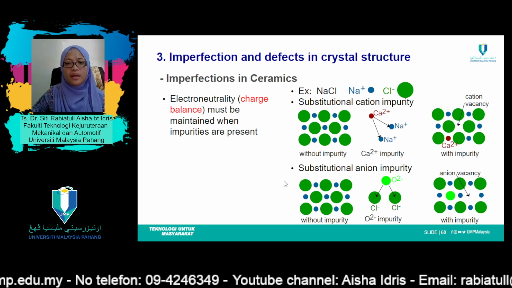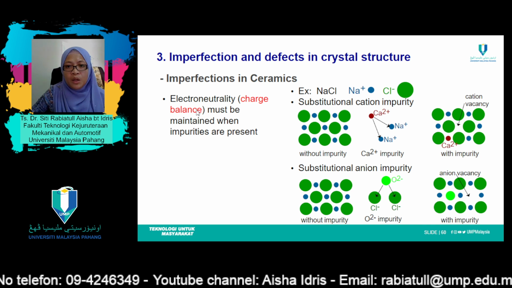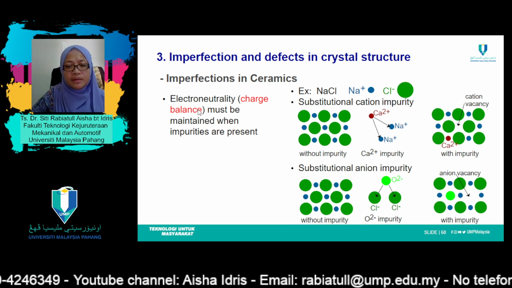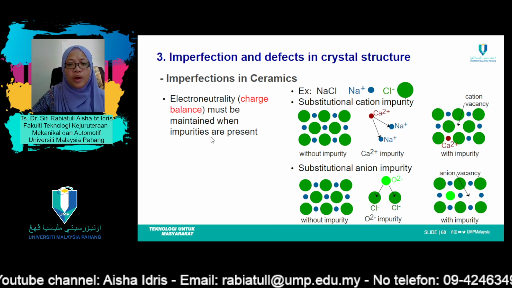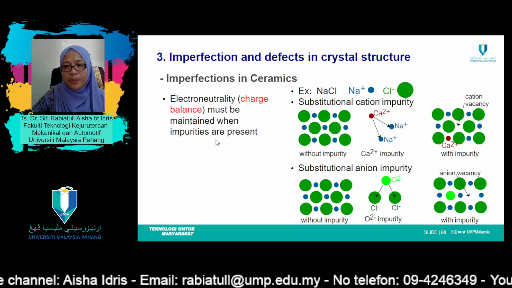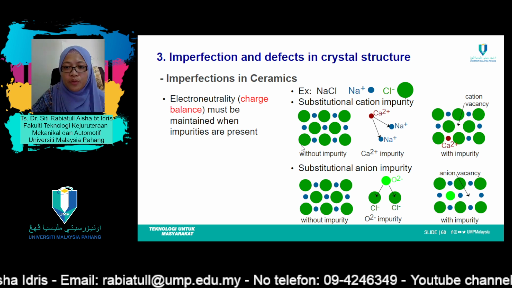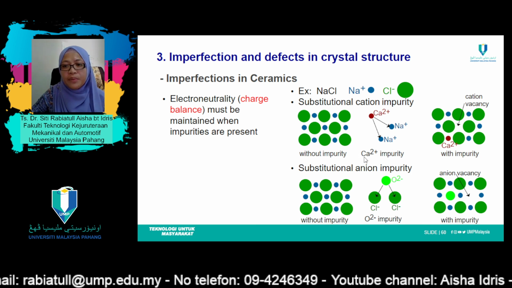Now, let's look at imperfection in ceramics. Normally, the charge balance must be maintained when impurities are present. For example, sodium chloride without impurities, and then suddenly there's a calcium impurity.